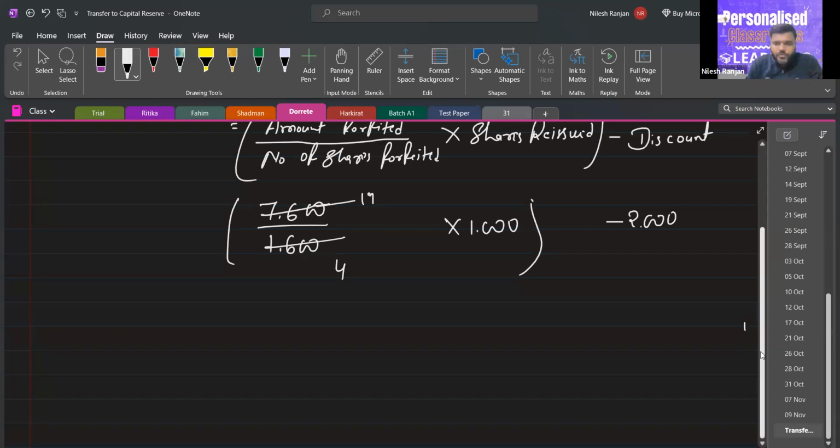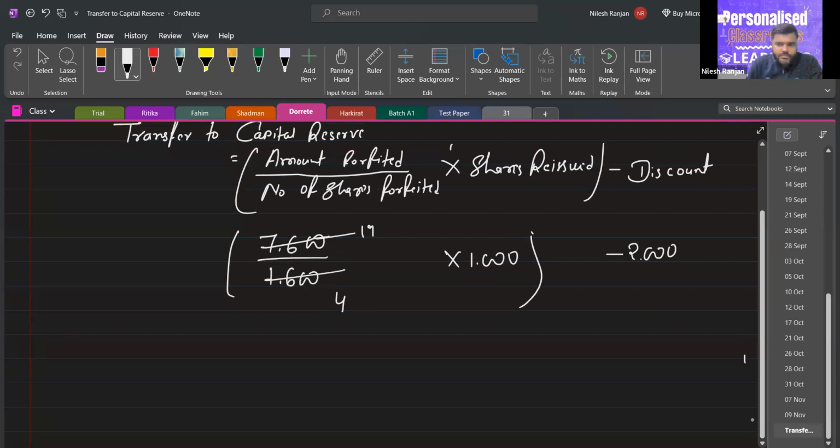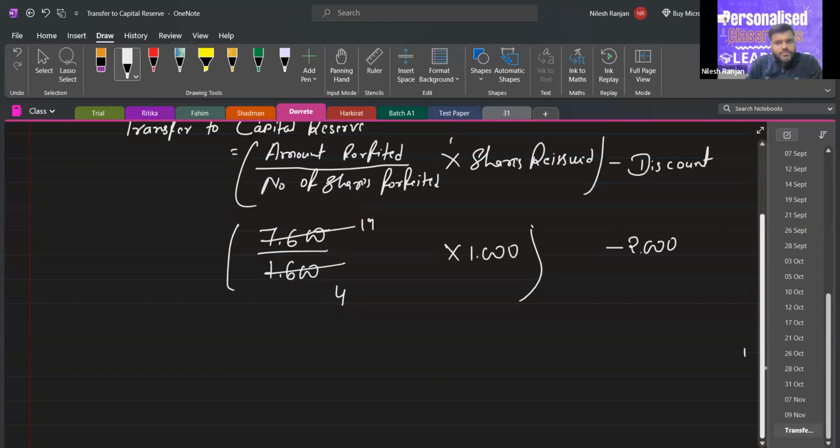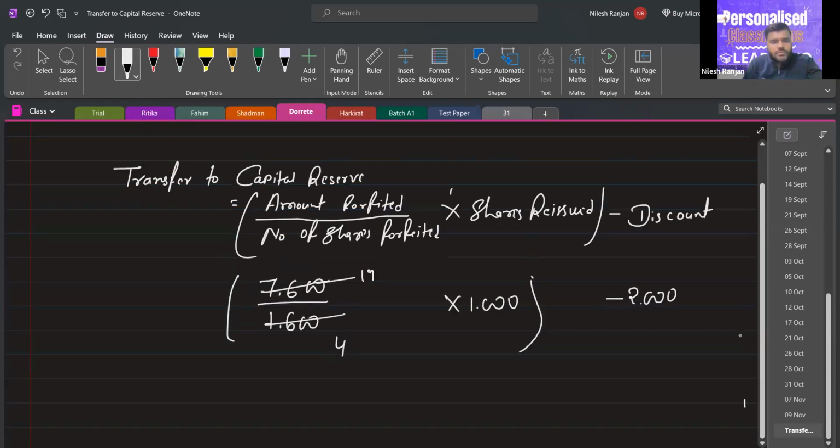I think the amount of forfeiture you have calculated is not correct. No, sir. In the question, they mentioned that they've reissued 1,000 shares, which includes all the shares of one applicant.